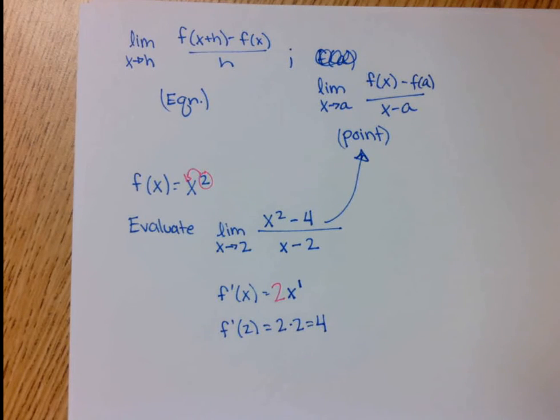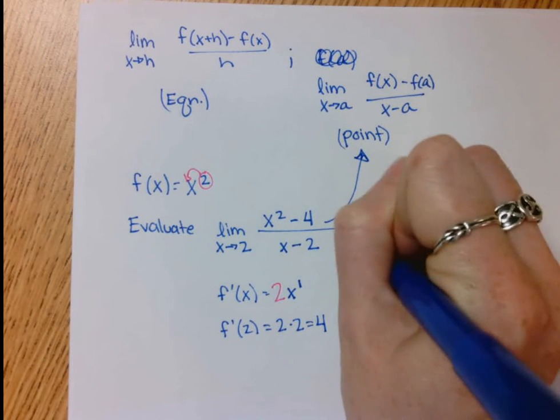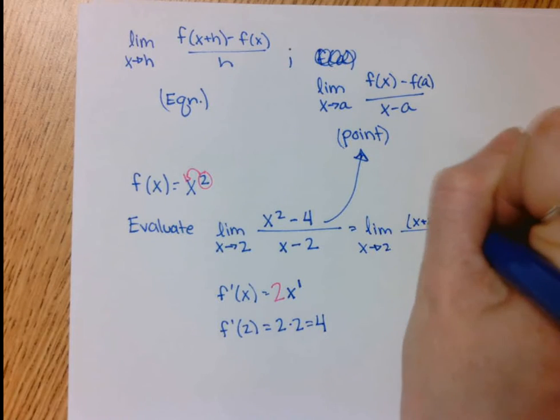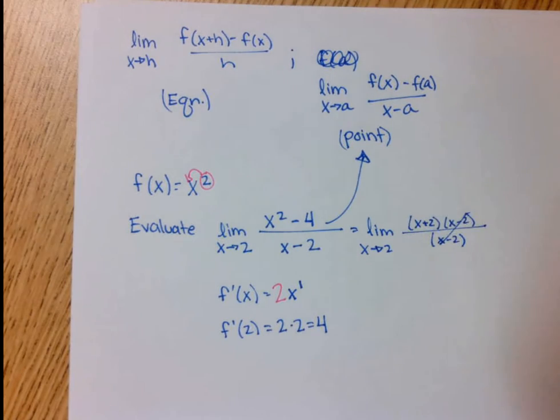Is that the answer if you would have done it the other way? Yeah, because if you split this up, you had the limit as x approaches 2 of x plus 2 times x minus 2, over x minus 2. These will cancel.